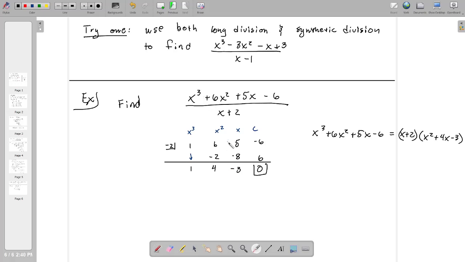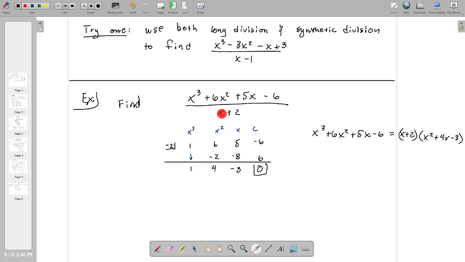Now, you might be able to see that if we divide both sides by x plus 2, then we would have exactly this quotient, x squared plus 4x minus 3, which is what we have here. You have to remember, when we divide using synthetic division, we're always reducing by 1 degree. We had a degree 3 here, now we have a degree 2, because we're dividing by a single degree.